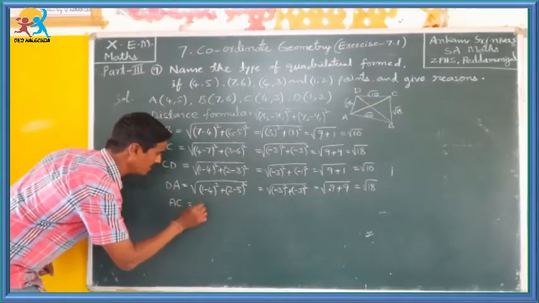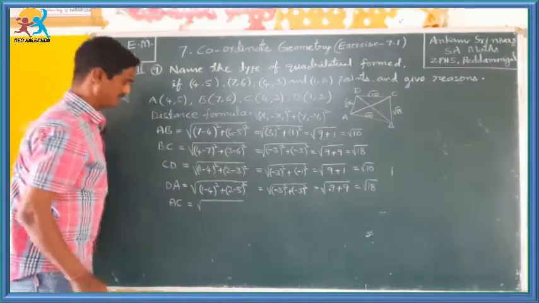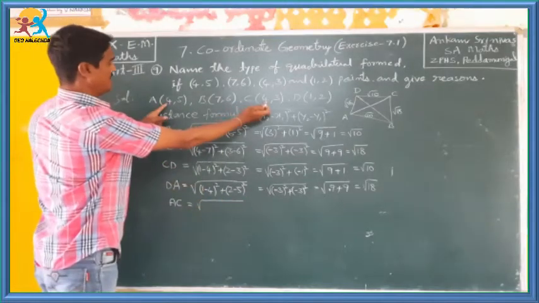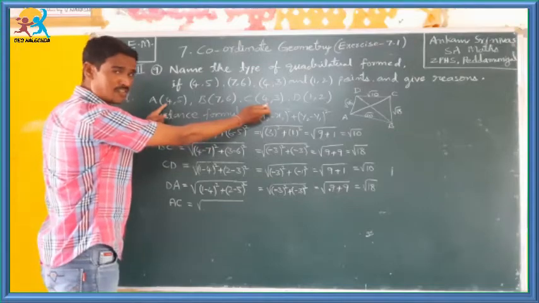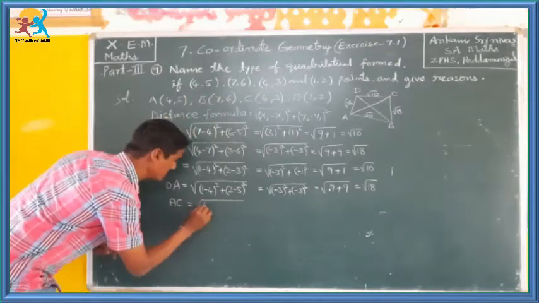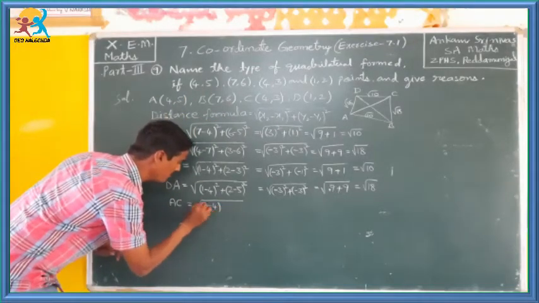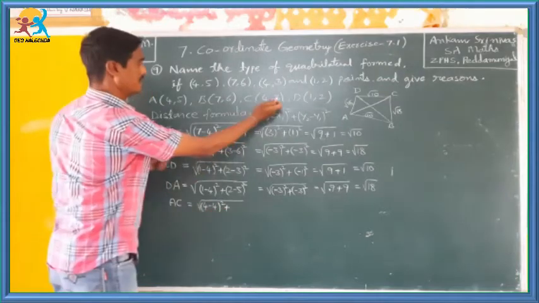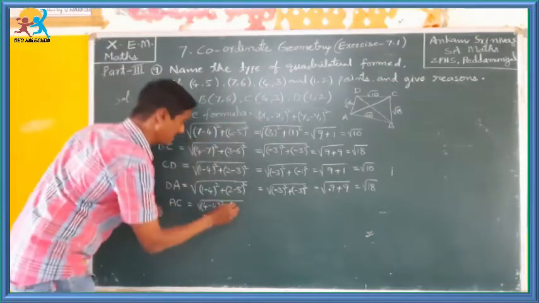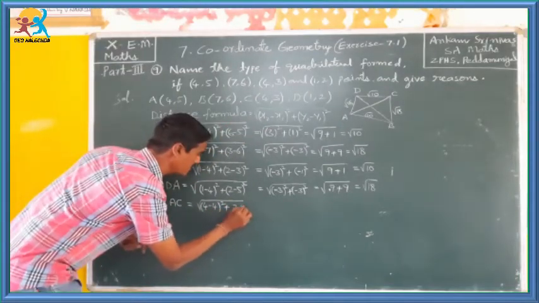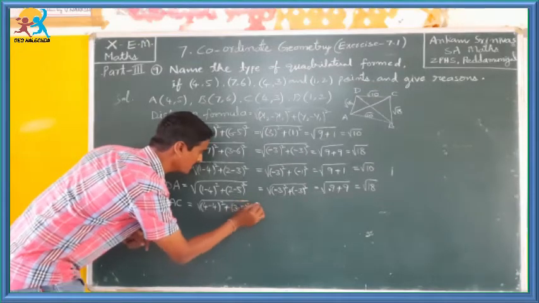Length of diagonal AC. AC is square root of the difference of first coordinates, 4 minus 4 whole square, plus 3 minus 5 whole square.